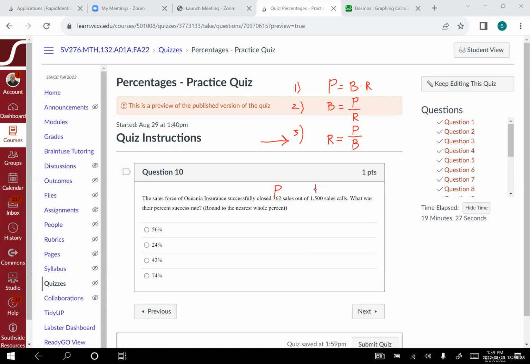And this is the base. 0.2413. And if we convert that to a percent like that, we get 24.13%, but it tells us to round to the nearest whole percent. So 24.